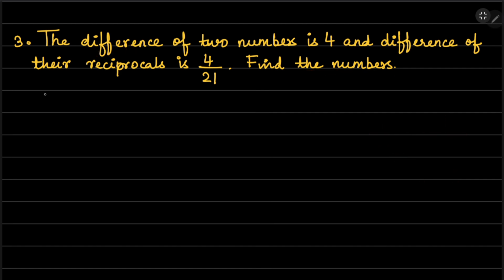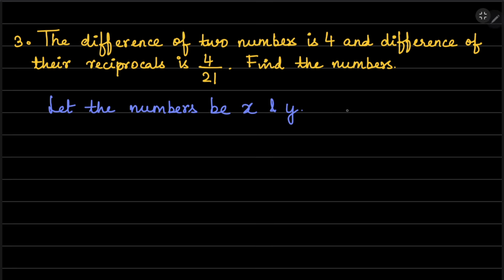So you can write, let the numbers be x and y. And when you are given the difference of the two numbers, obviously one number is bigger, the other one is smaller.